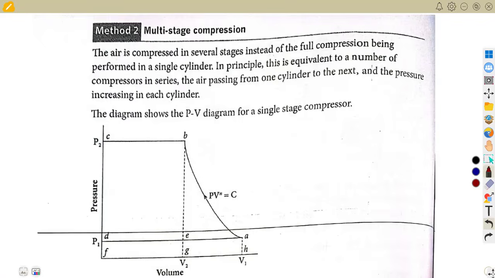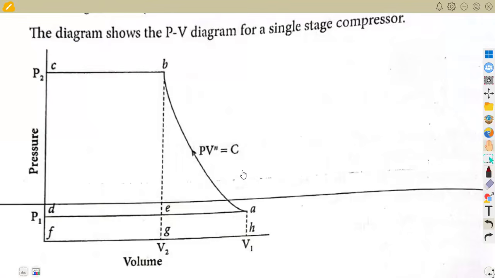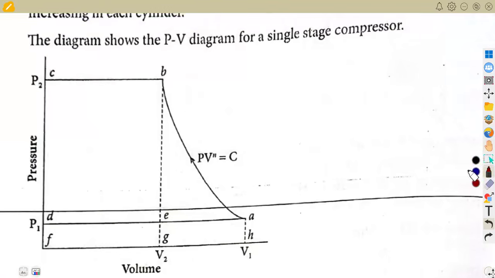All right, so we're not going to waste much time. When the clearance is not given, you shall have a typical diagram of this nature for our compressor. Remember, this is an air compressor where the air is entering at the inlet valves.